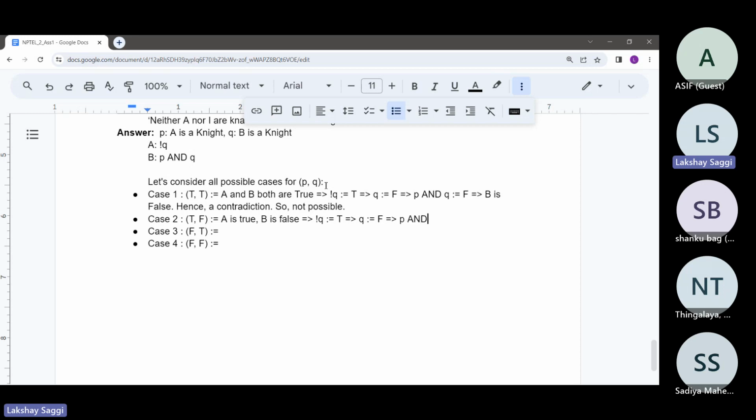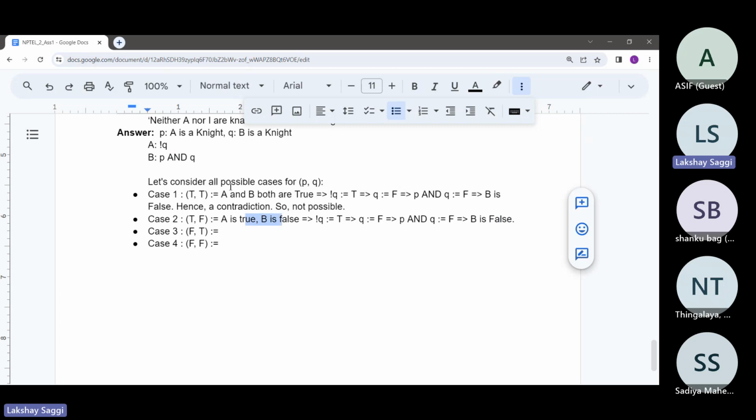So this implies that P and Q, which is what B was saying, will be false because Q is false. So P and false will always be false. So B is false, because what B was saying was false.